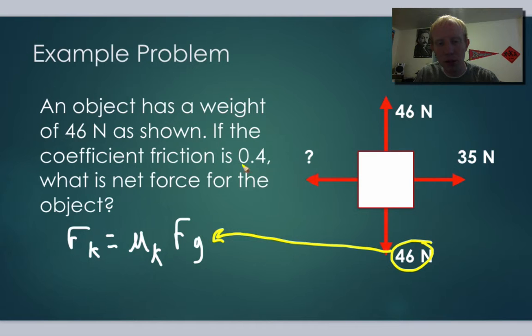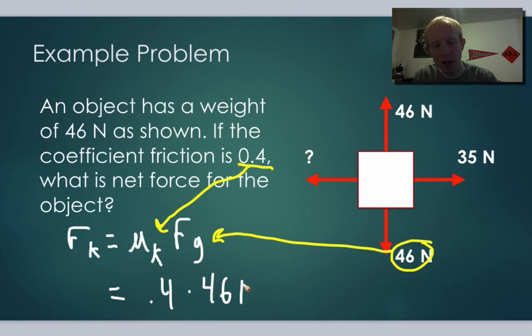We know the coefficient of friction is 0.4, so we plug those in, and that gives us 0.4 times 46 newtons. We put it in our calculators, and 0.4 times 46 gives us 18.4 newtons.